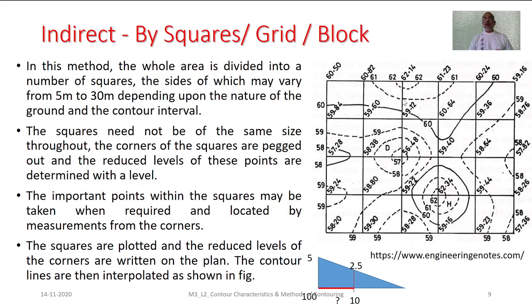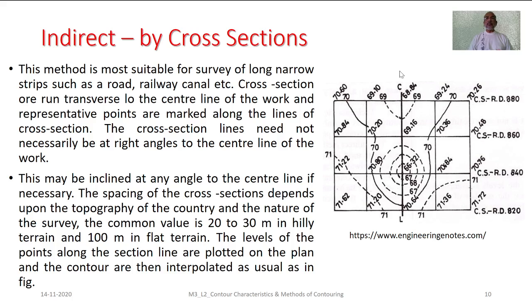This particular method is called the method of squares, grid or block, as these values are used as reference values and are further used to determine the reduced level of certain intermediate virtual points. The process is called interpolation of contours. More about this interpolation we'll discuss in our subsequent presentation.